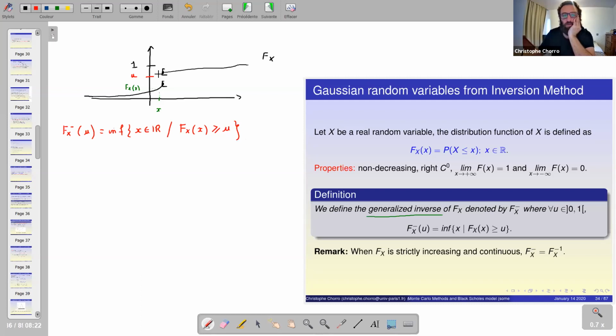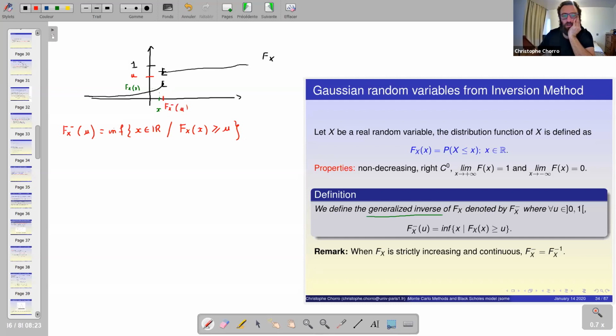So let's do this with my example here. I want to find the infimum. I start from minus infinity. If I am here, my distribution function is less than small u, less than small u, less than small u. And I see that the point where I become greater than u is exactly this one here, F_X minus of u.